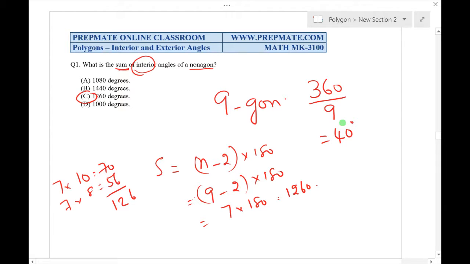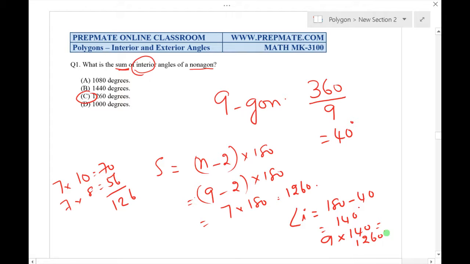Therefore, each of the interior angles is going to measure 180 minus 40 degrees, which is going to be 140 degrees. Do you see that? So there are 9 interior angles. Therefore, 9 times 140 is going to be 1260. Did you understand that?